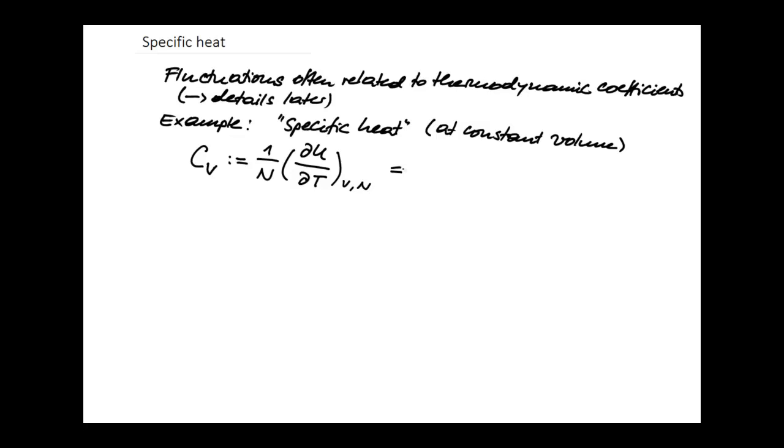Now, in case, as in the example of the harmonic oscillator, you know the energy as a function of inverse temperature beta, you know U as a function of beta, then you can apply the chain rule and write this partial of U with respect to T as the partial of beta with respect to T times the partial of U with respect to beta at fixed volume and number of constituents N. Now beta is equal to 1 over kT, so the partial of beta with respect to T is minus 1 over kT squared.